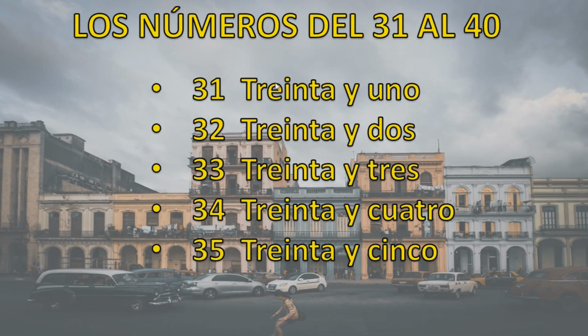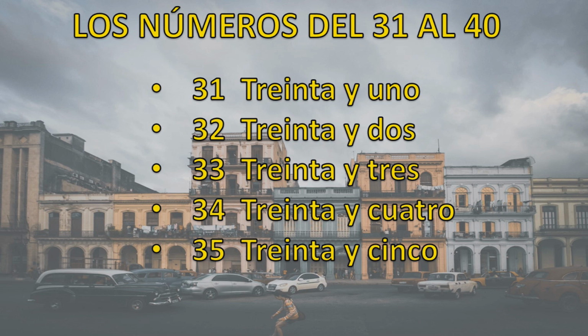Now we have 31, 32, 33, 34, 35. If you notice, now I don't write the number in only one word. With 21, 22, 23, we had only one word.